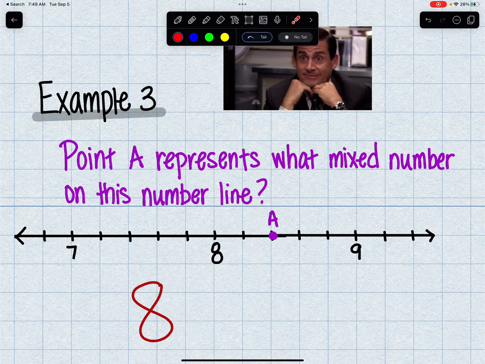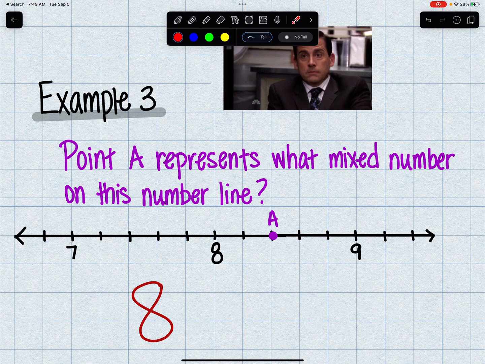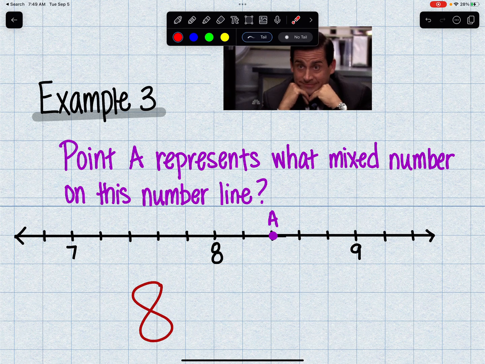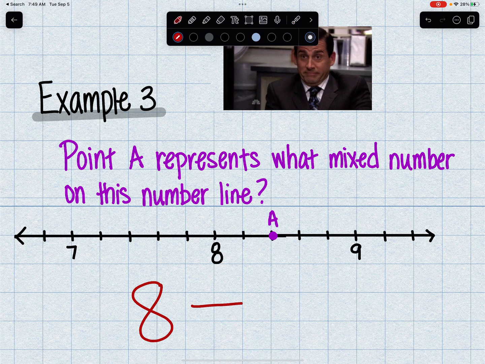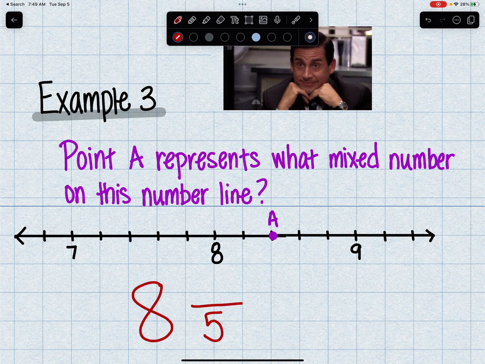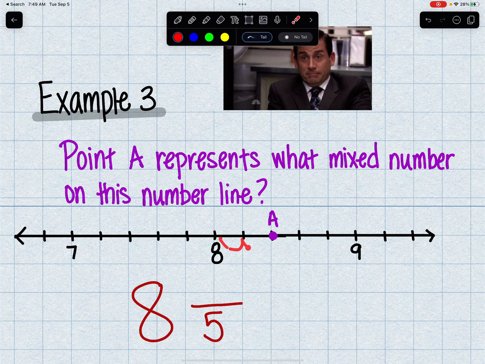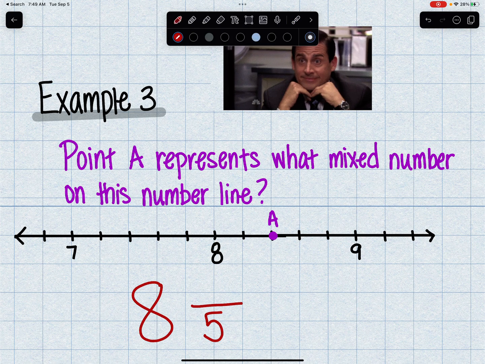So this is going to be 1, 2, 3, 4, 5. Okay, so there's 5 segments. So I know that the fraction is going to be something over 5. And how far over did we go? 1, 2. So it's going to be 2 over 5.